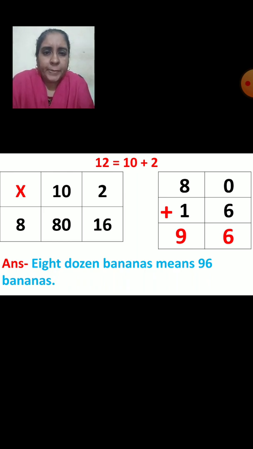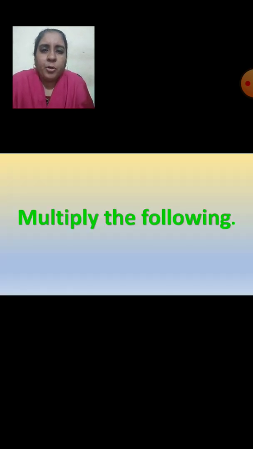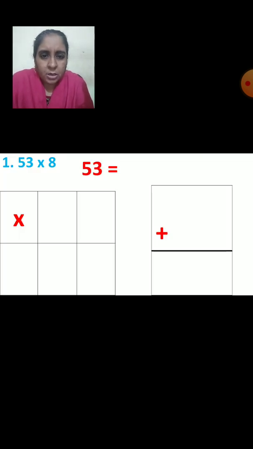Okay? Now we are going to solve other sums using the same method. That is, multiply the following. We are going to use the lattice method. Now see your first question. 53 multiplied by 8. Now how are you going to show the breakup of 53? 50 plus 3, because 5 is in tens place, 3 is in units place.